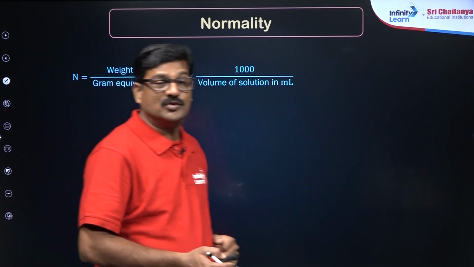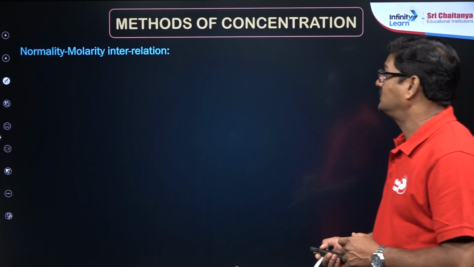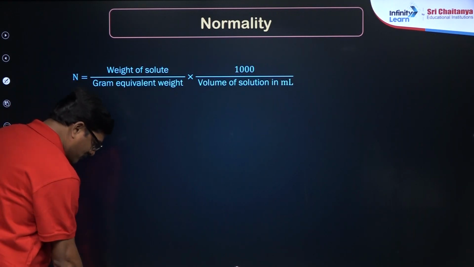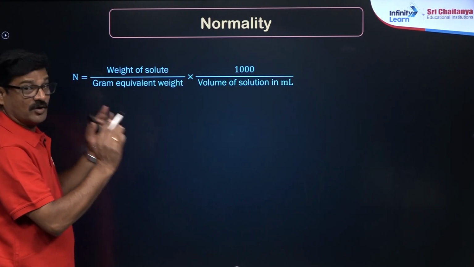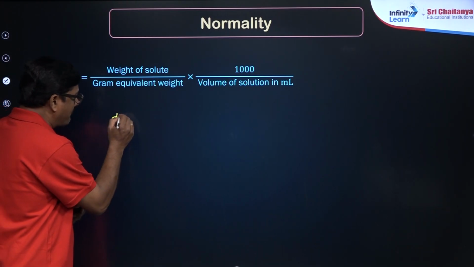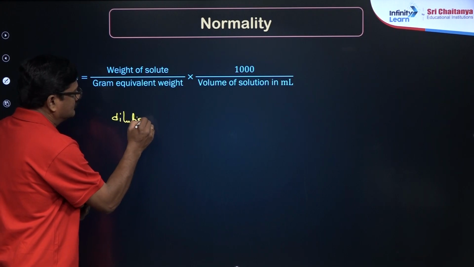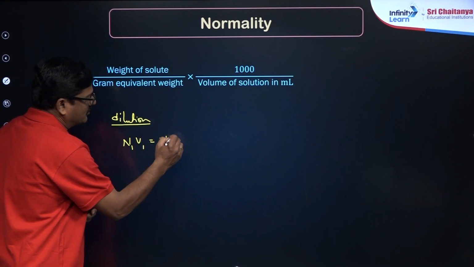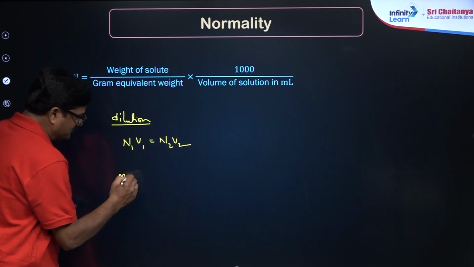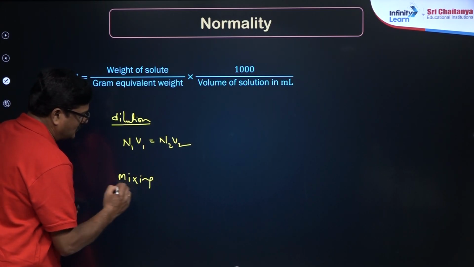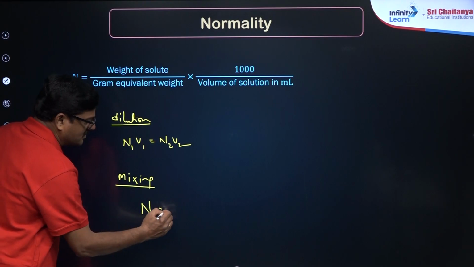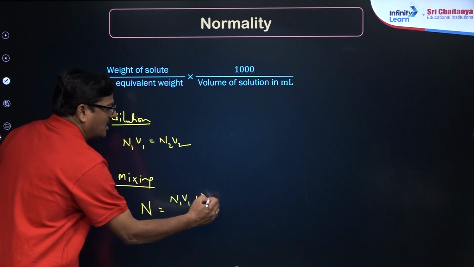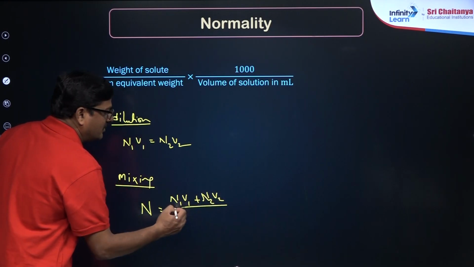Similar to molarity, for dilution, N1 V1 is equal to N2 V2. For mixing, the normality of the mixture is equal to N1 V1 plus N2 V2 upon V1 plus V2.